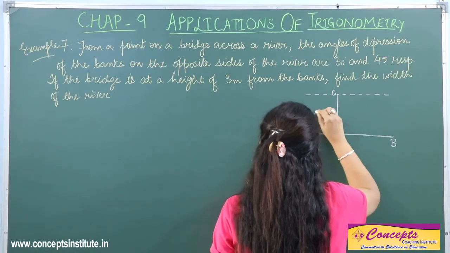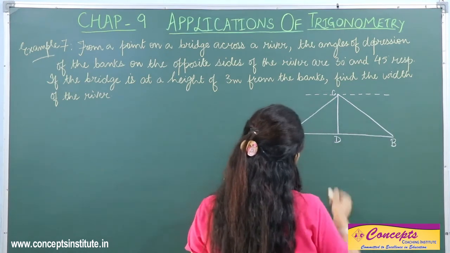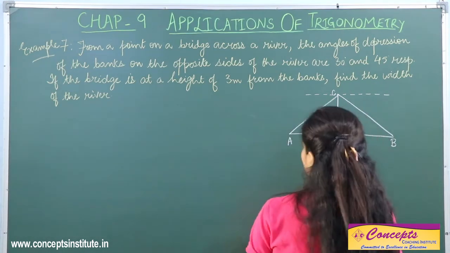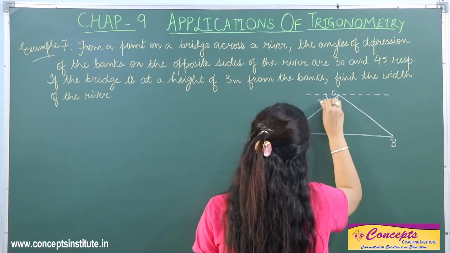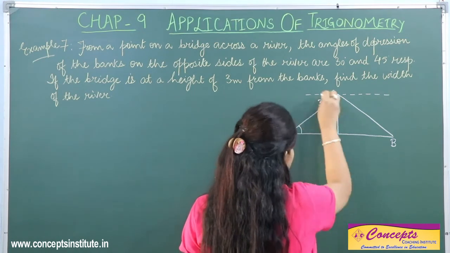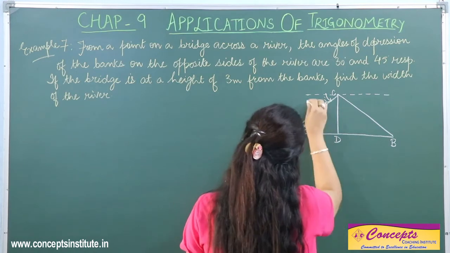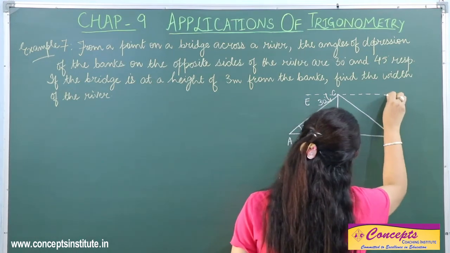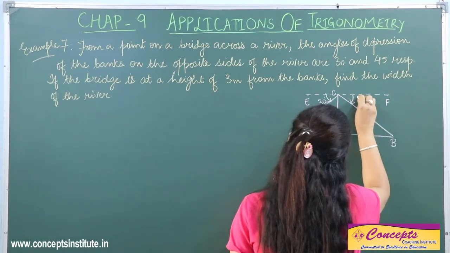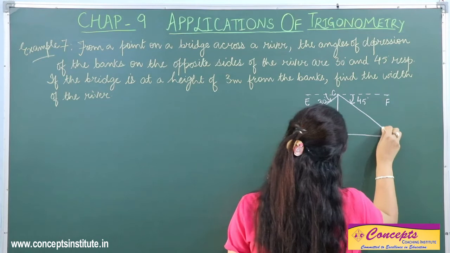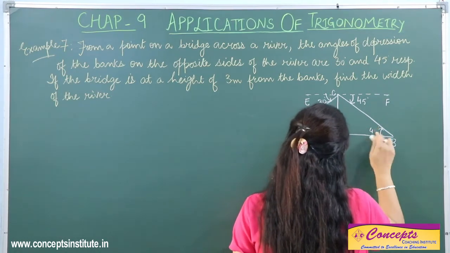So let's say these are the two angles. One angle is 30 degree and another is 45 degree. So let me just take this angle to be 30 degree. So if this is 30, so this would also be 30, because these are alternate interior, but I would obviously have to write it. So I am taking these points as E and F. And this angle of the other bank, if this is 45 degree, so this angle would also be 45 degree, right?